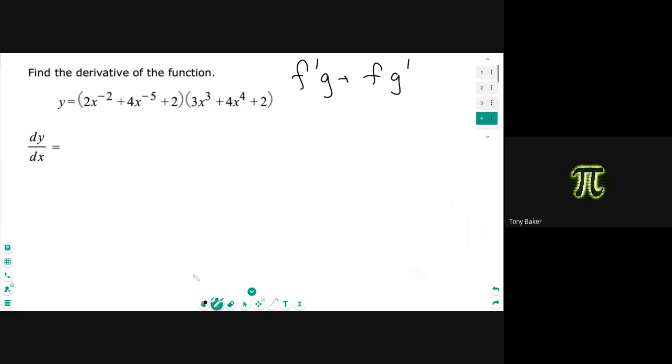So F is going to be 2x to the negative second plus 4x to the negative fifth plus 2. So F prime is negative 4x to the negative third minus 20x to the negative sixth.